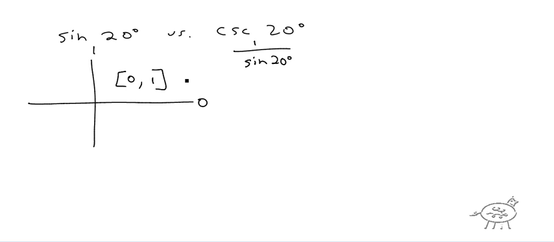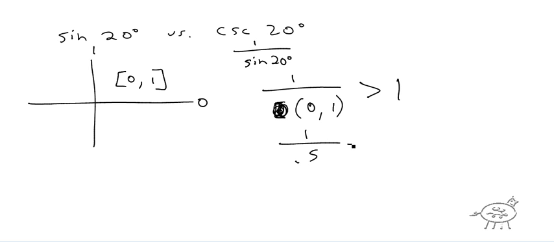So if I do 1 over a number between, let's be appropriate here, how about if I use a parenthesis, 0 and 1, because it can't be 0, it would be undefined. Don't you guys agree? If I do 1 divided by a decimal, isn't that going to be greater than 1? For example, 1 divided by 0.5 is 2. 1 divided by 0.1 is 10.